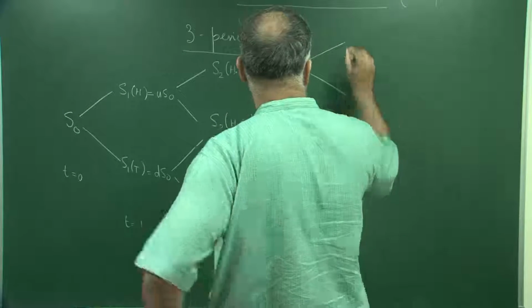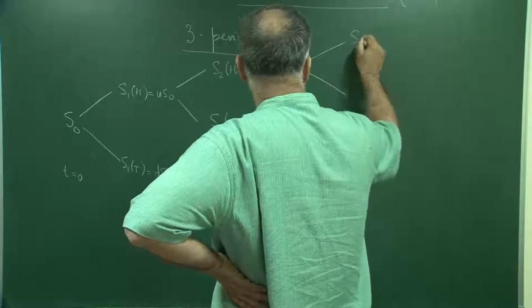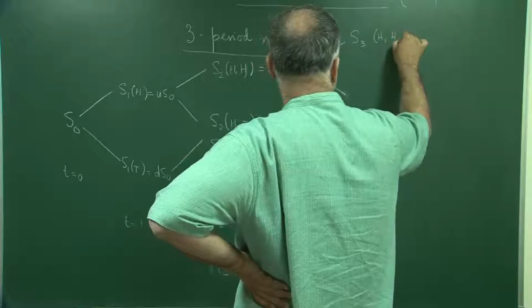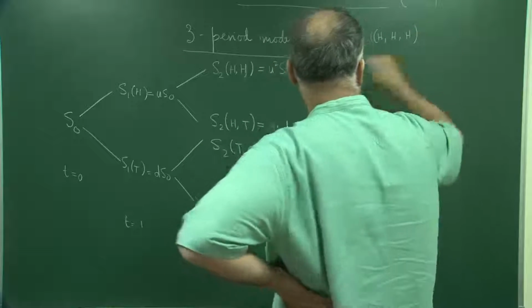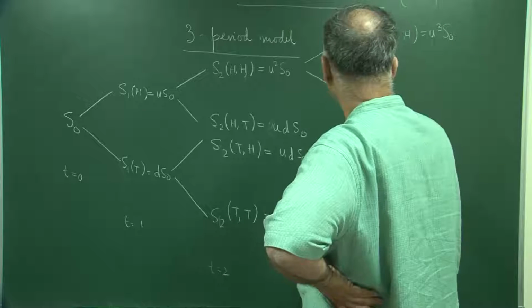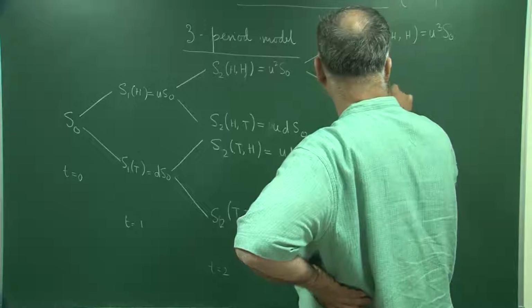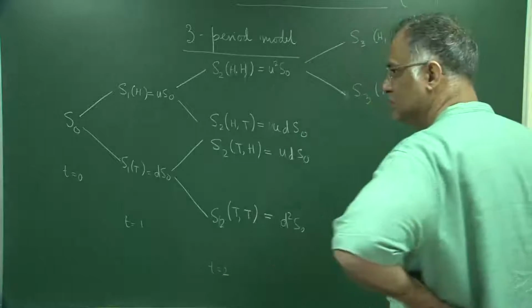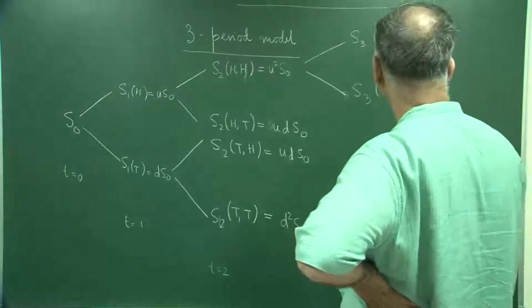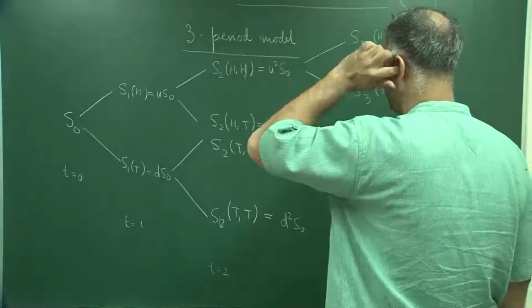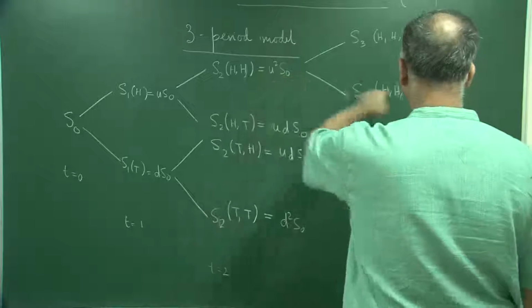So, here what would happen? It will become S3 HHH, and that will be U cube S naught, or it will be S3 HHT. So, head has fallen, then tail has fallen.